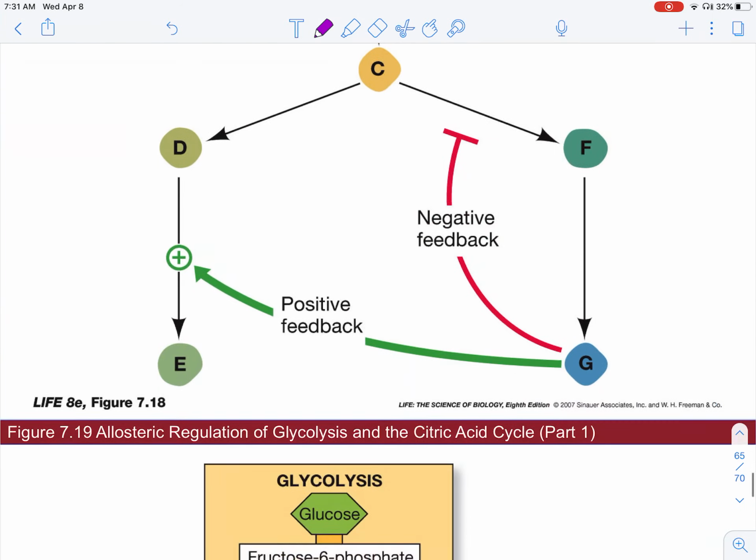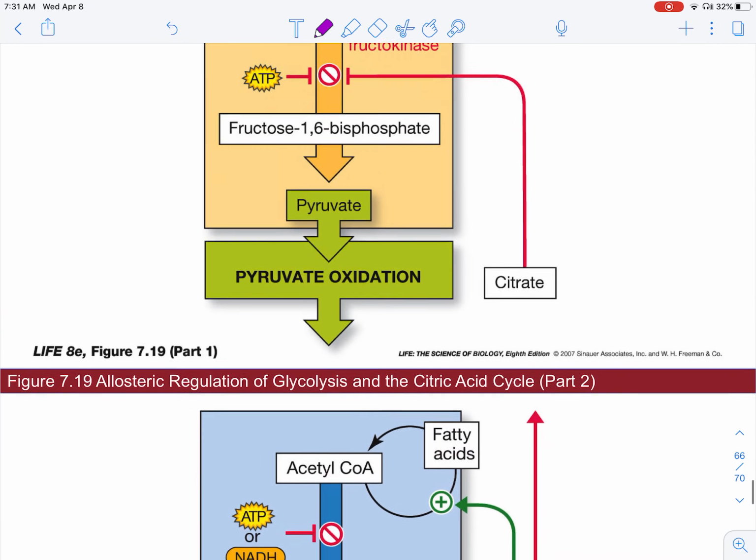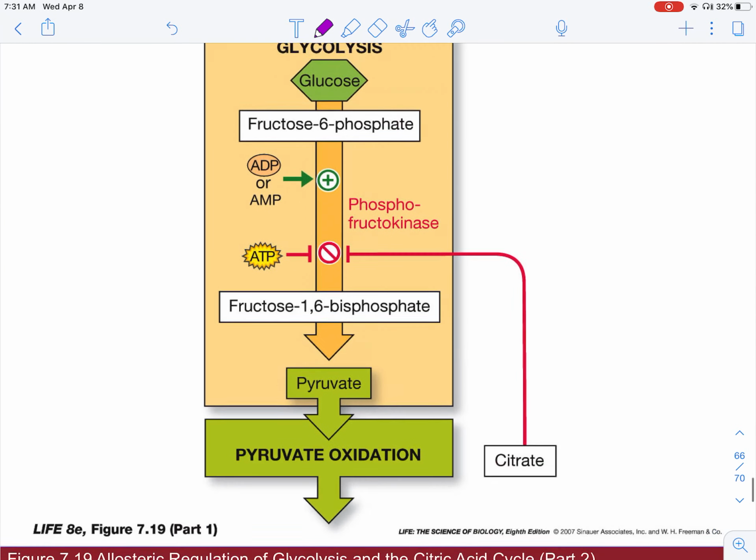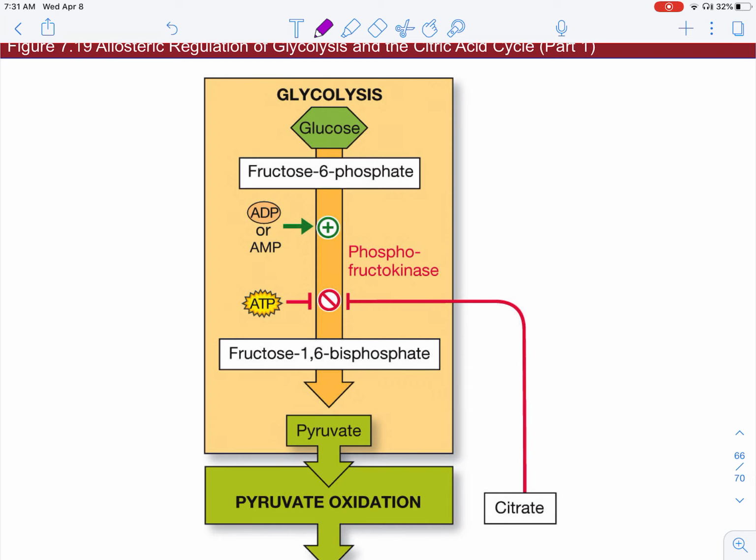So I will stop. Well, no, I won't. Just a couple more things to talk about for regulation. Obviously, this is a pathway that deals with energy dynamics. So the regulation dynamics is going to be important, and it's going to be regulated by the energy needs of the cell.